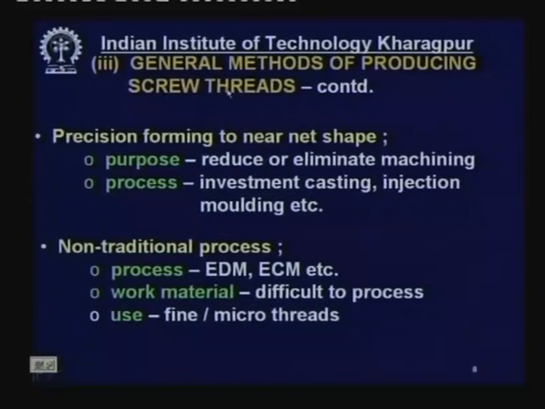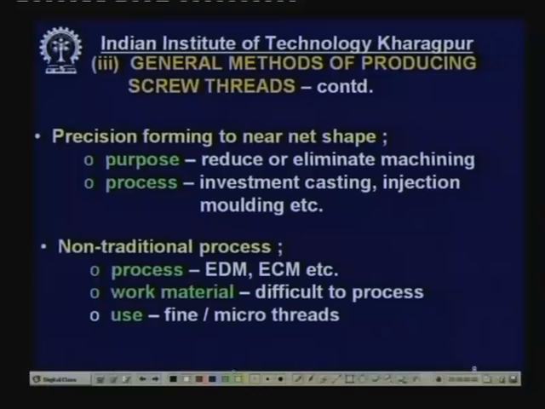Now, come to general methods of producing screw threads. There are other methods also which I am going to tell you. We told about casting, rolling, machining, grinding. What are the other methods possible? That is precision forming to near net shape.